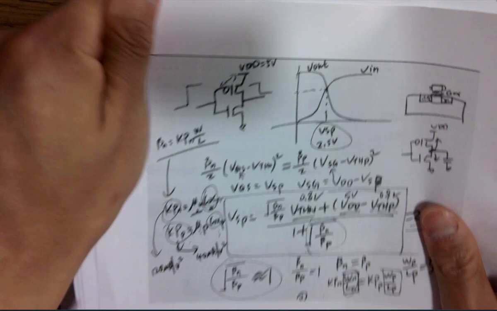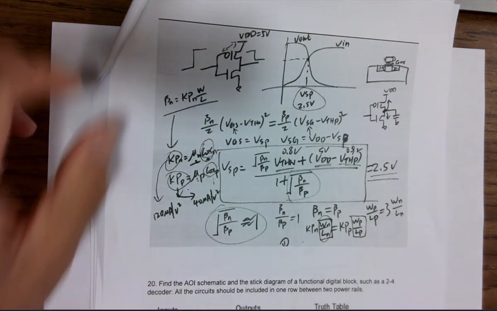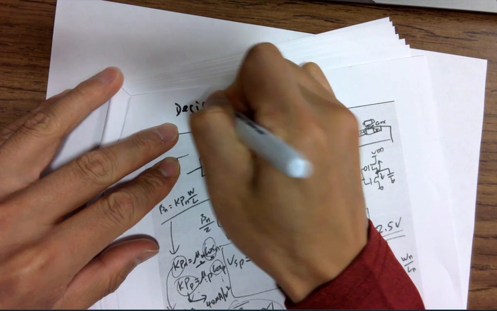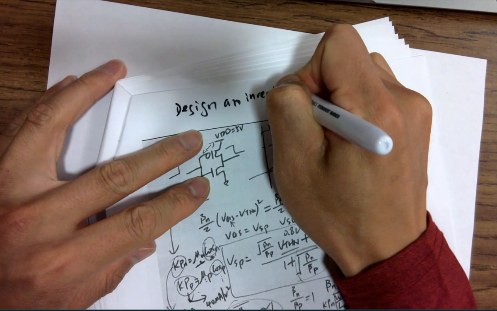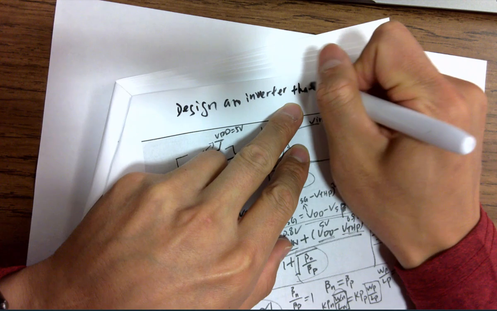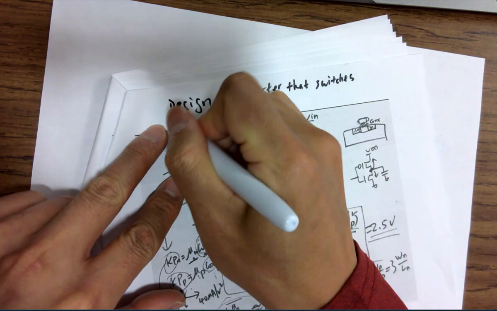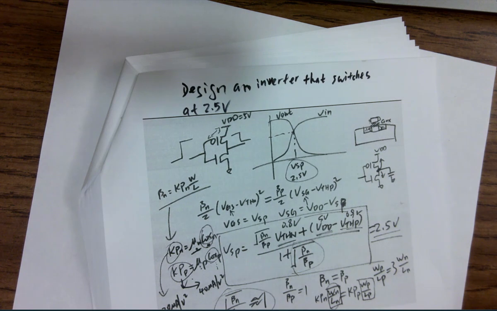And one thing here, design an inverter. So design an inverter that switches at 2.5 volts, switch at the middle.